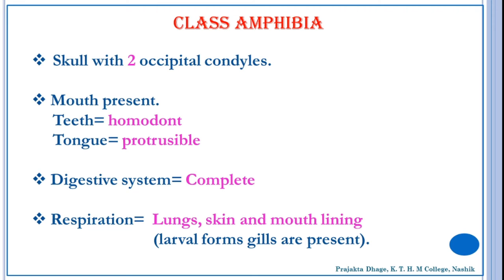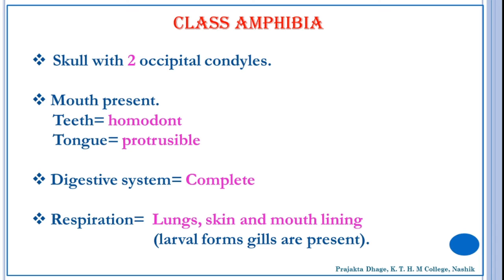What is the reason why they have gills for respiration? We have already seen that the larval forms are exclusively aquatic, right? And this makes it essential for them to have gills for respiration.